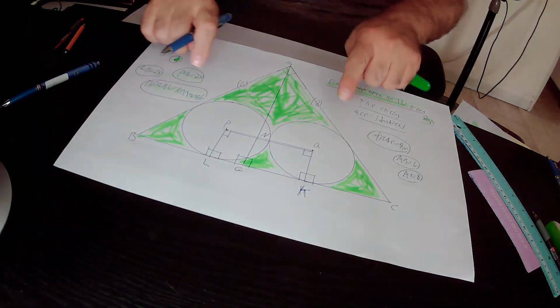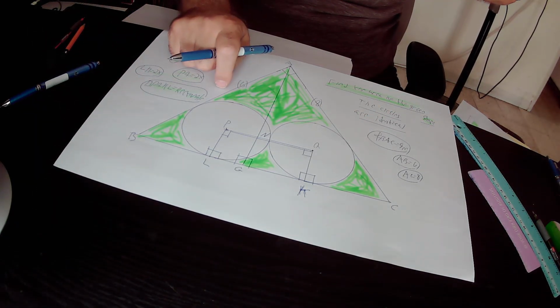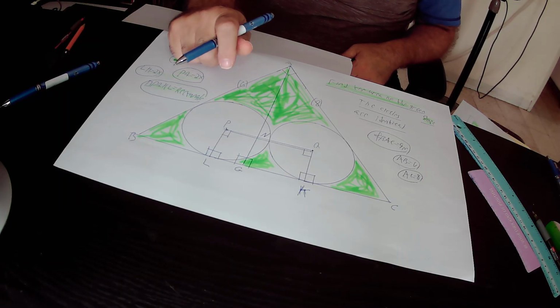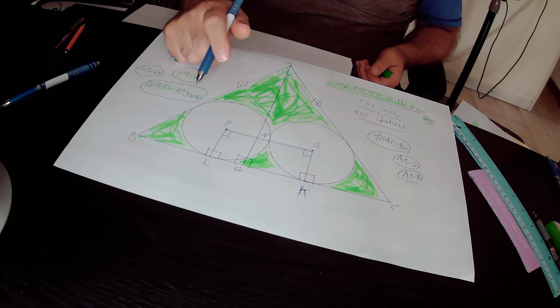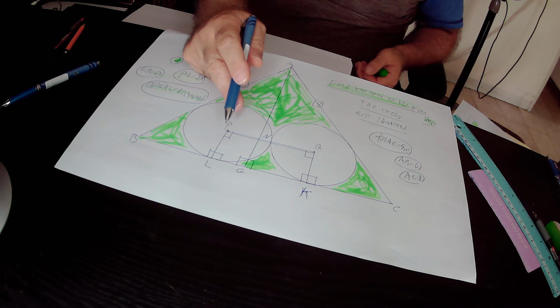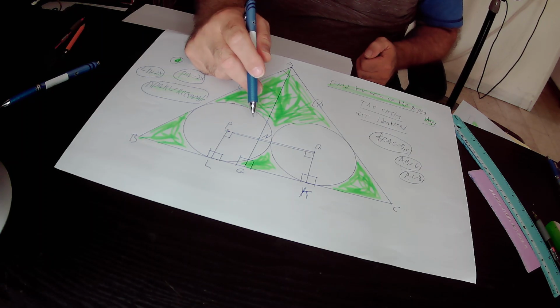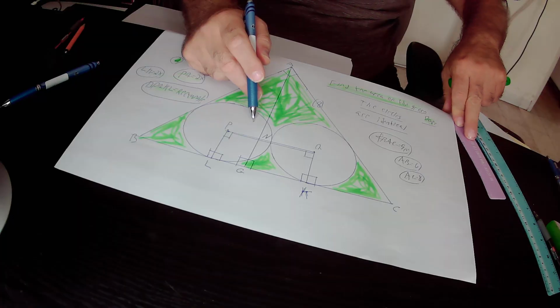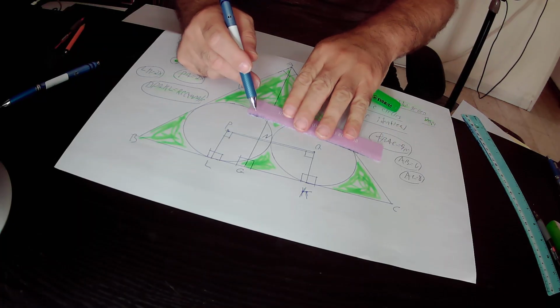Now we found out that PQ equals 2x units in its length. But with this construction, we have the small quadrangle PQNL. In the small quadrangle PQNL, we have 1, 2, 3 right angles, and therefore the fourth angle must also equal 90 degrees.